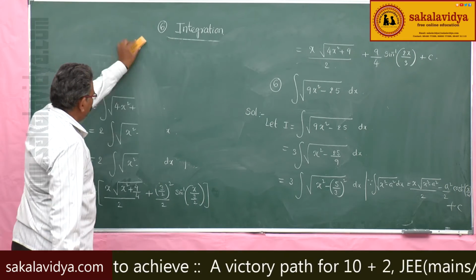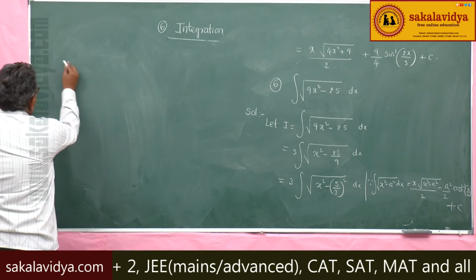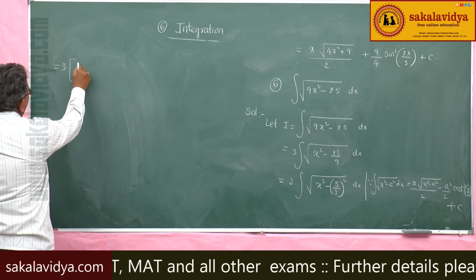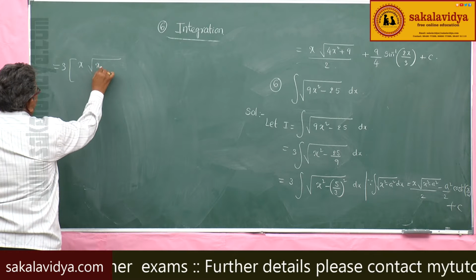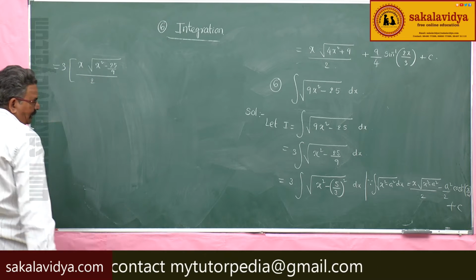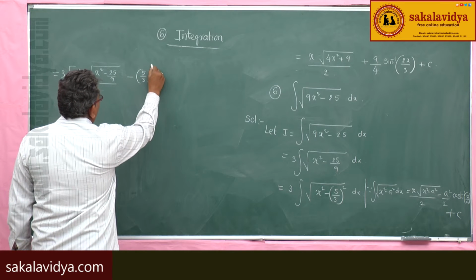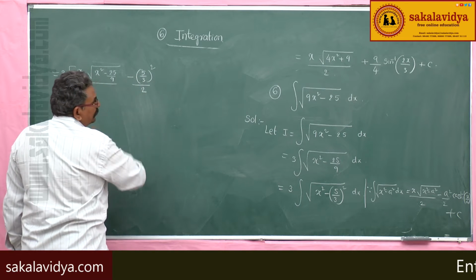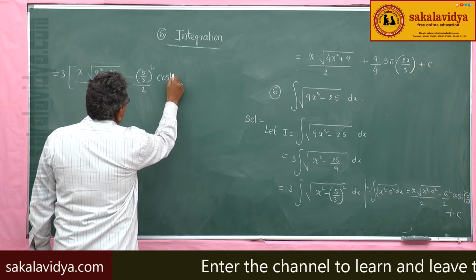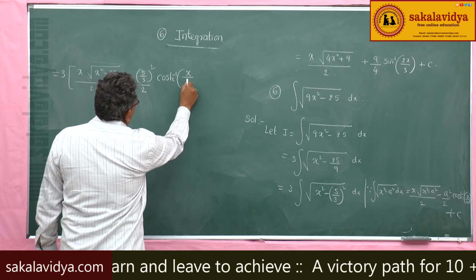Now, three multiplied by, we get x root of x square minus 25 by 9, by 2, minus (5 by 3) whole square by 2, and next cosh inverse x by a, where x by a means x by 5 by 3.